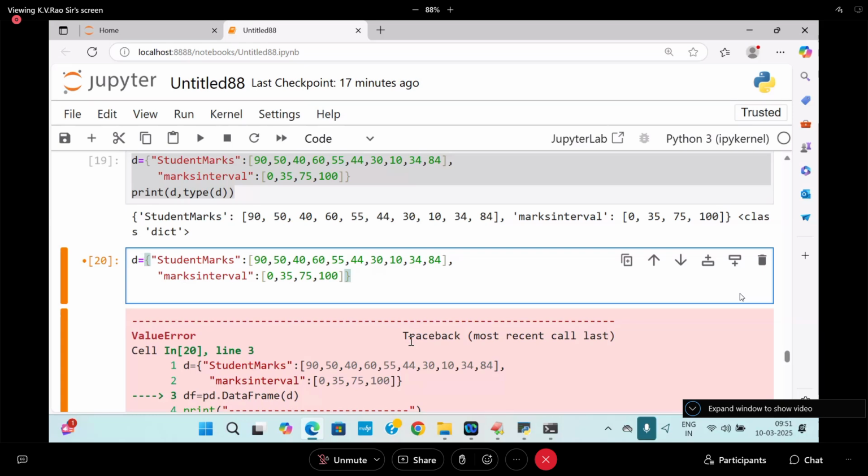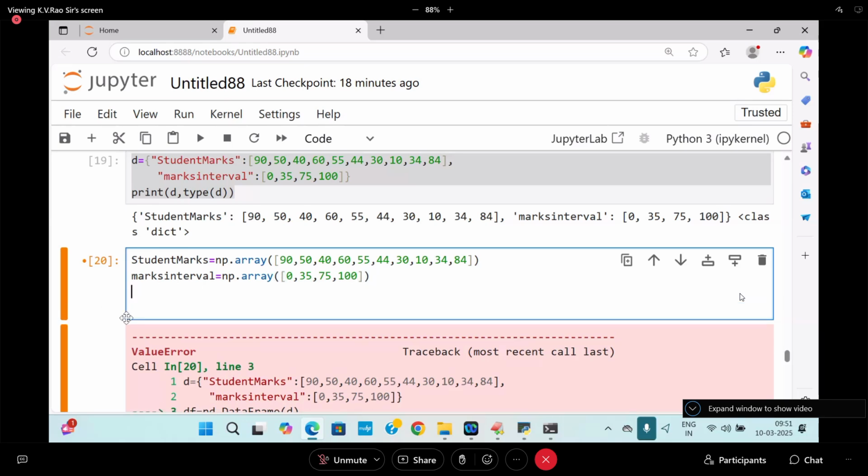That's obvious. So I do: student marks is equal to np.array of, like this I will take it. There is no other way for us. We have to take it compulsorily like this. Student marks is equal to np.array of, we are going to get these values again like this.